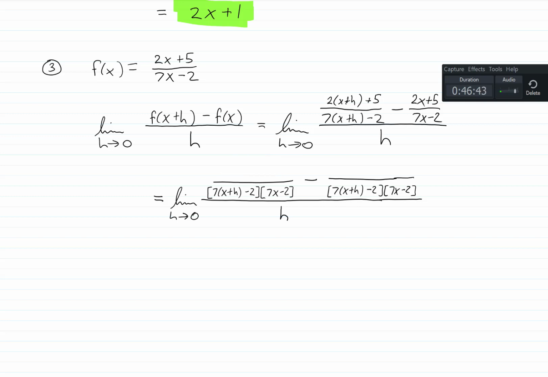It should say 2x plus h plus 5 times 7x minus 2. And what should go here? It should say 2x plus 5 times 7x plus h minus 2.